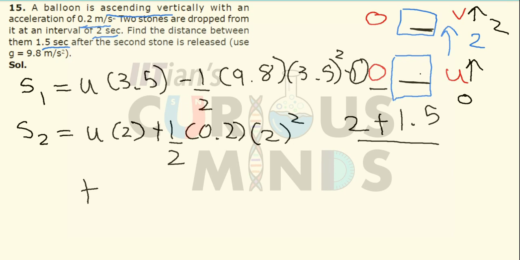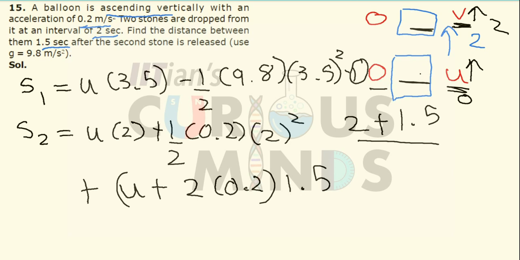Now the initial velocity v in terms of u can be written as u plus at, where a is equal to 0.2 and t is equal to 2. This is the initial velocity, into the time period, which is 1.5 seconds.